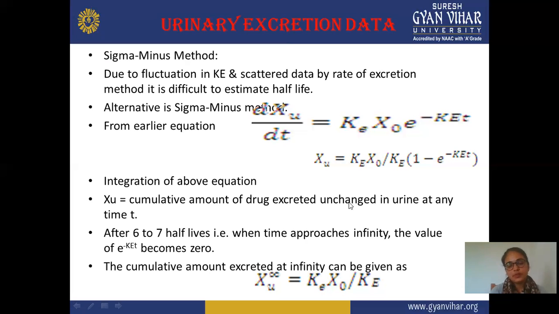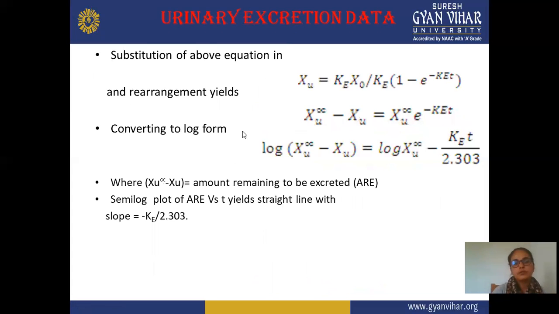In the previous method, we considered only 4 to 5 half-lives, but in this method we are considering 6 to 7 half-lives, after which it should become 0. And the cumulative amount excreted at infinity can be written as X infinity u equals ke X0/ke. Next, substituting in the above equation gives Xu equals X infinity u (1 minus e^(-ket)).